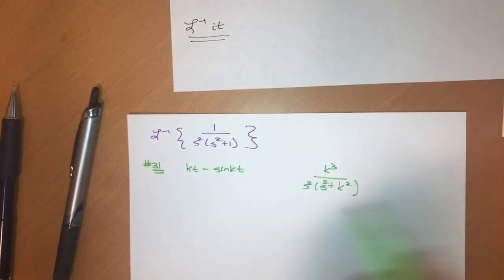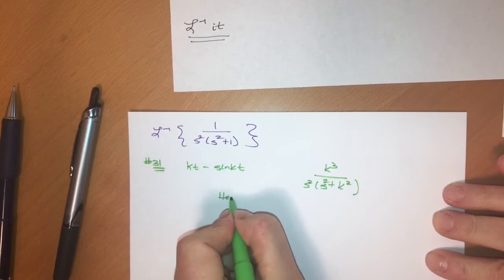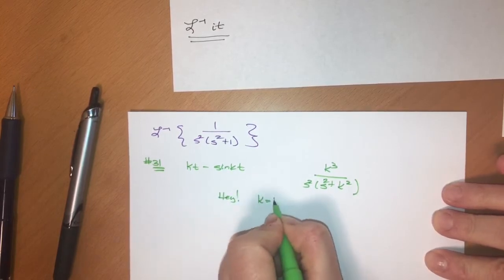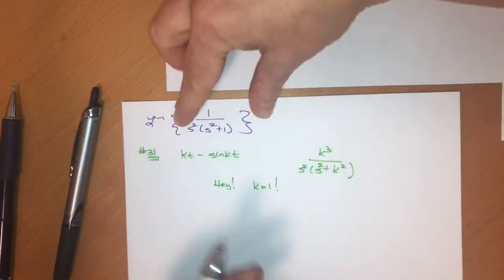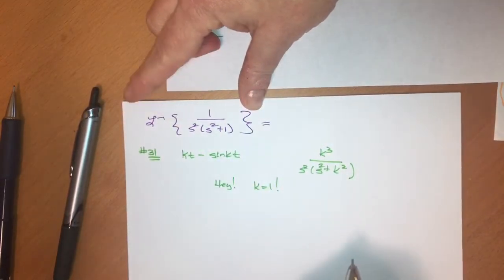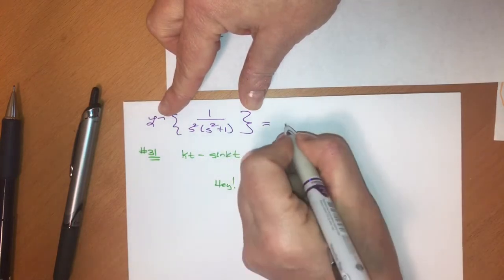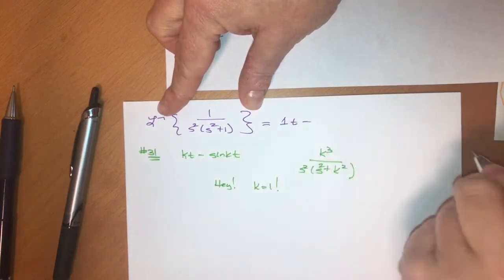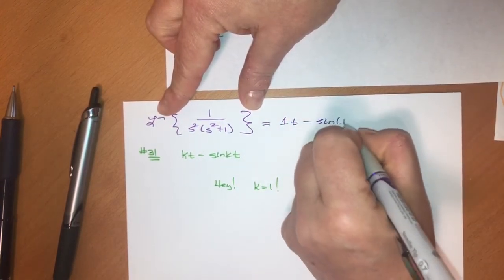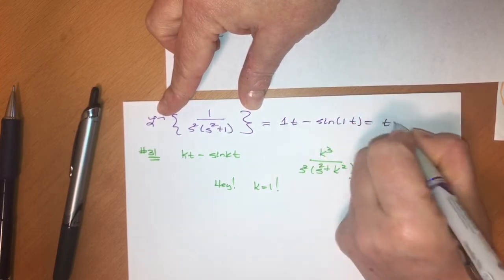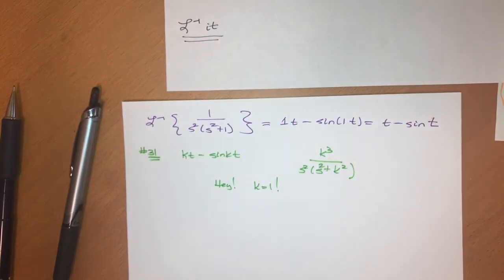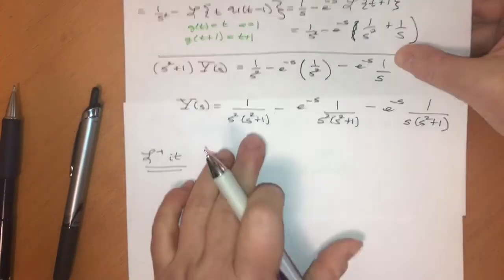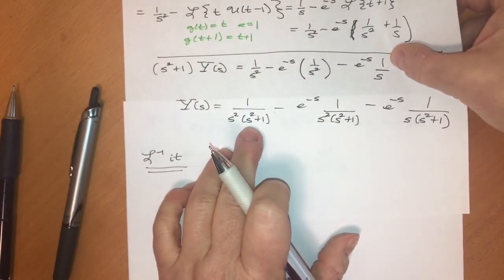So I am very happy because that first piece is going to inverse Laplace to 1 times t minus sine of 1 times t, better known as t minus sine of t. So the first of the 3 pieces here is handled.